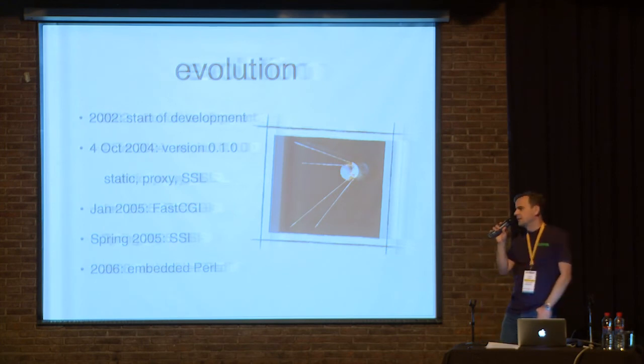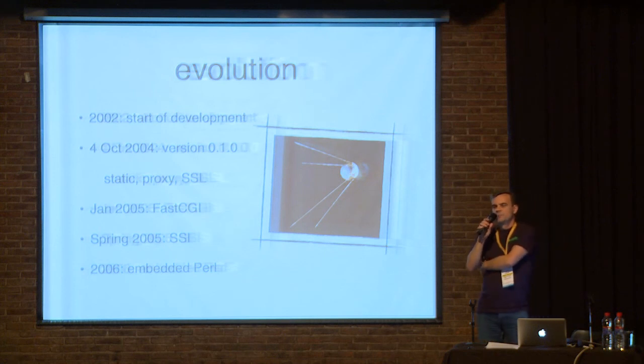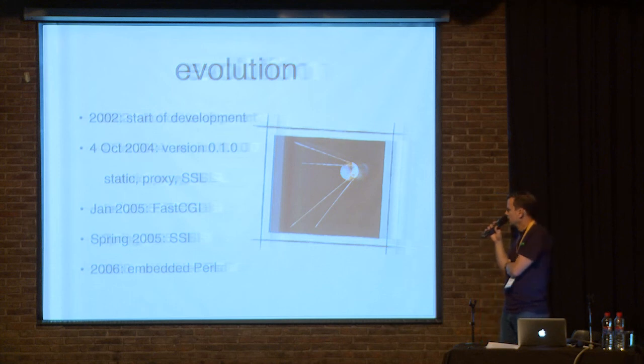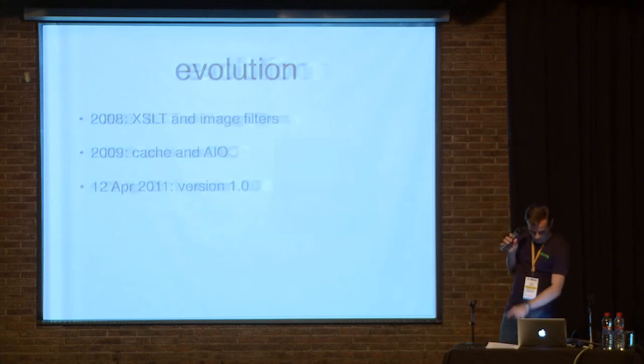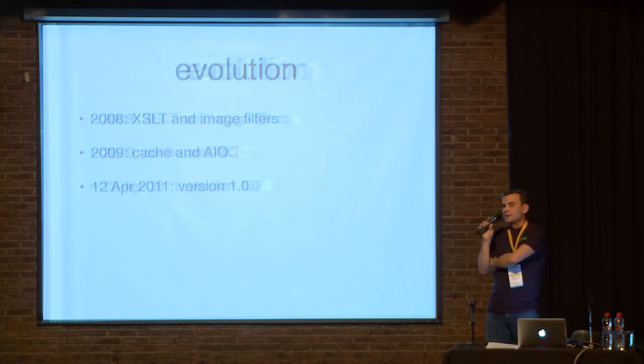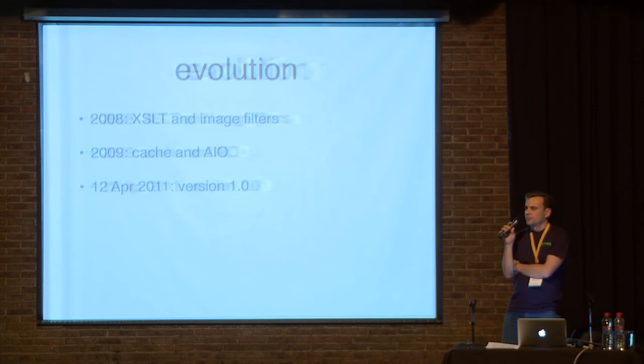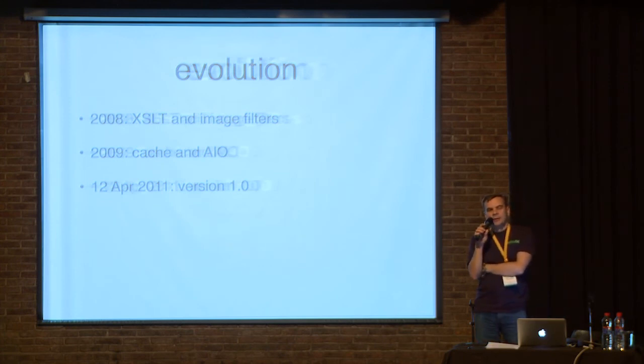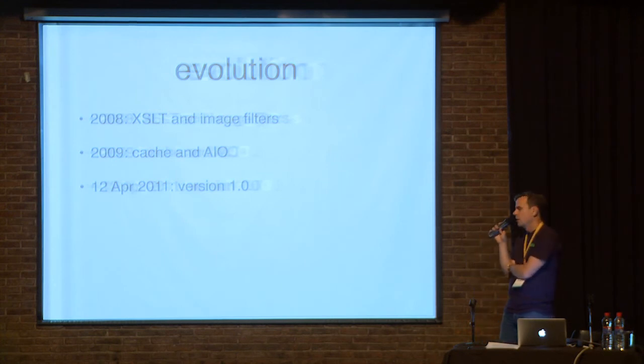In 2006, I experimented with embedding Perl inside NGINX without great success. And in 2008, a lightweight NGINX observer had got two very heavy filters, XSLT and image filters.